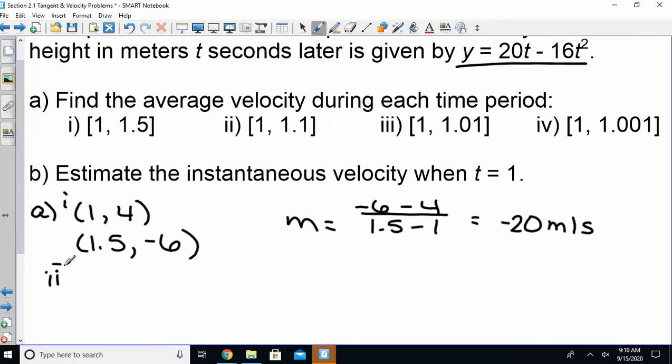Second one. I'm still using the 1. My second point, my x is 1.1. So you plug that into your y equation. You should get a 2.64.